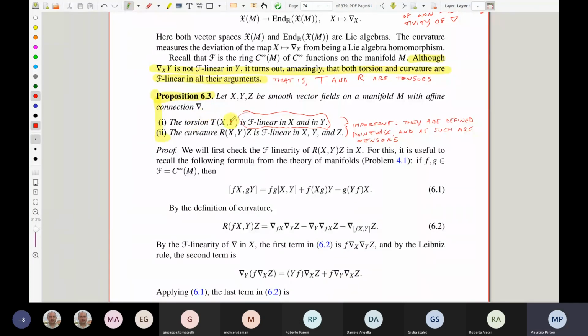If I multiply y by a function, can I take the function out? The shape of this question is, is this map F-linear? F is the ring of C infinity functions, just the C infinity of M.